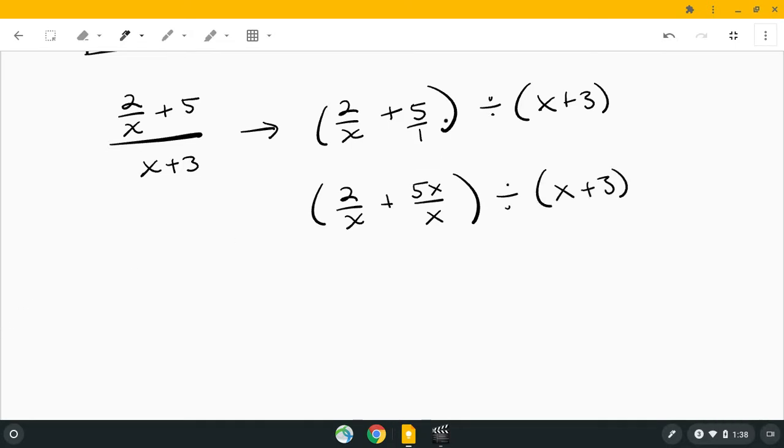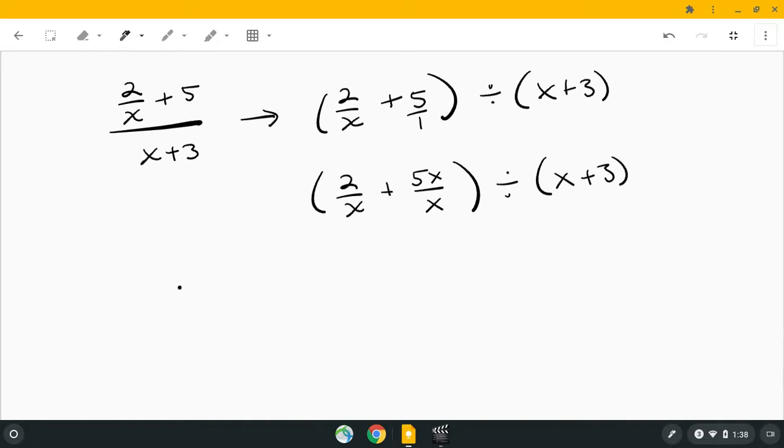We covered adding and subtracting rational expressions in the last section. If you're wondering what I just did, I got the LCD, which is x, and I made my denominators look like the LCD.